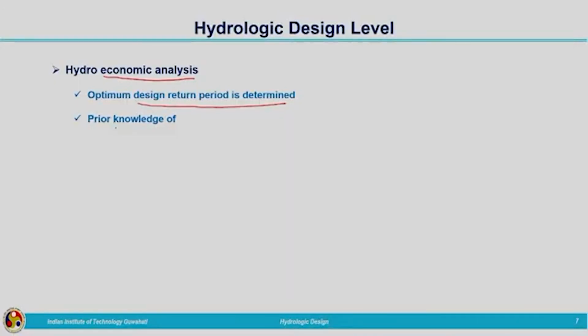What we are doing in this case, we need to have the prior knowledge of the probabilistic nature of the hydrologic event considered. If it is rainfall, we need to study that particular event by making use of the previous data. Previous data means long series, long years of data we will be collecting, and we will be understanding the probability distribution function related to that particular variable, and complete knowledge about the probabilistic nature of that hydrologic event will be attained.